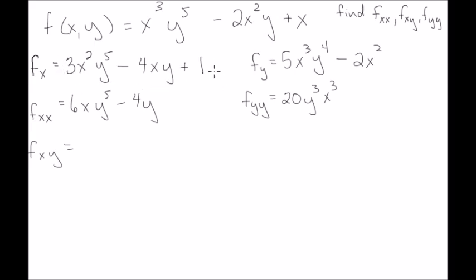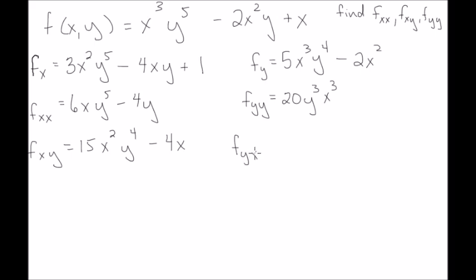My starting point is the partial with respect to x, so I'm now taking the derivative of this expression with respect to y. I bring the 5 down, I get 15, the x squared is a constant, y to the 4th, minus, I'm taking the derivative with respect to y, so I'm left with 4x, and the 1, of course, goes to 0. I could have taken the partial starting from my derivative with respect to y as well.